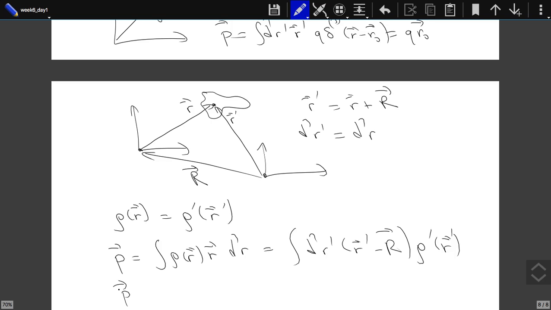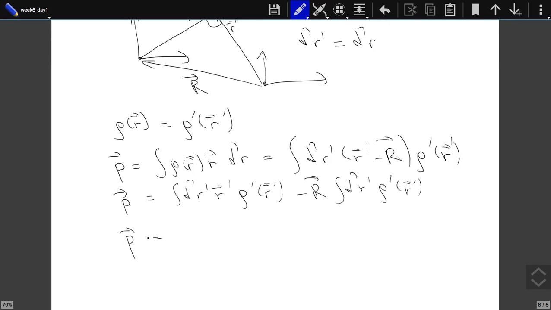So the dipole moment in one coordinate system is equal to the integral of d cubed R prime, R prime times rho prime of R prime, minus, I can take this R out of the integral because that's a constant, the integral of d cubed R prime rho prime of R prime.